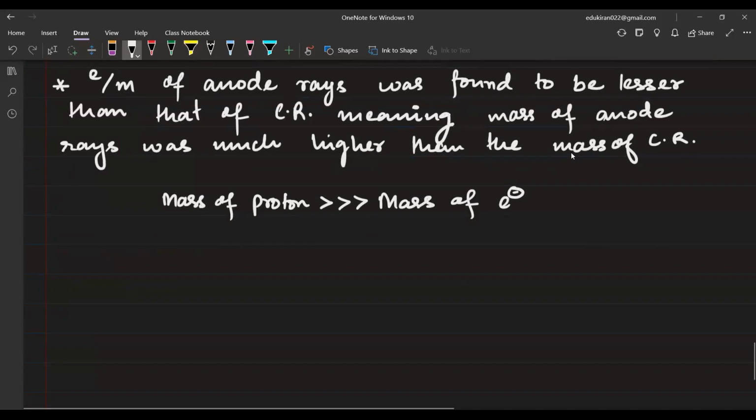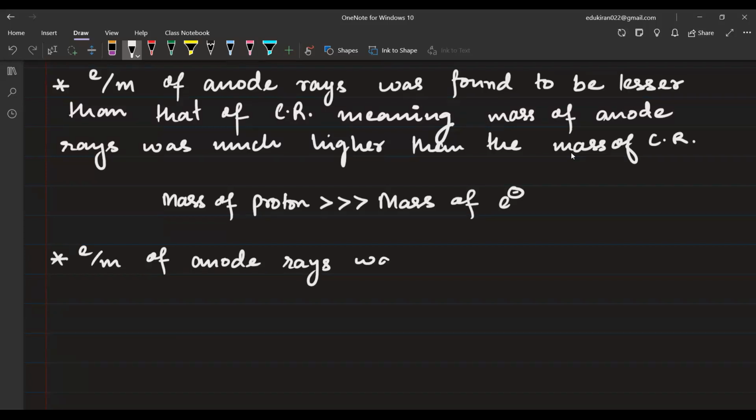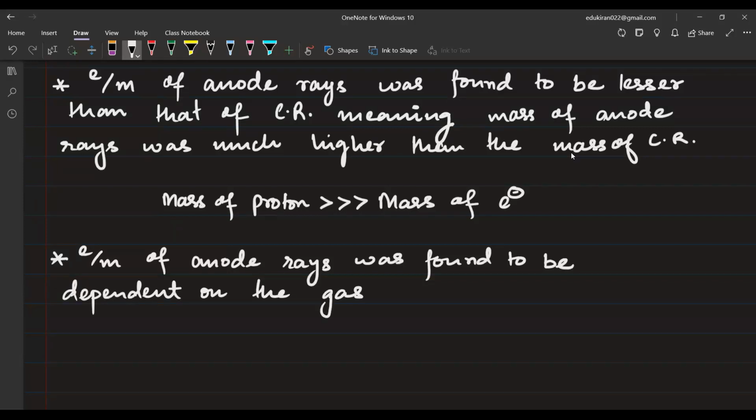Next point, again, they used different gases, and they found that the charge by mass ratio was dependent on the type of gas they were using. So E by M of anode rays was found to be dependent on the gas used.